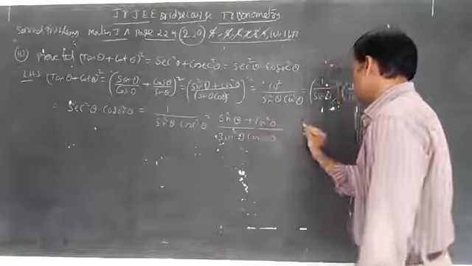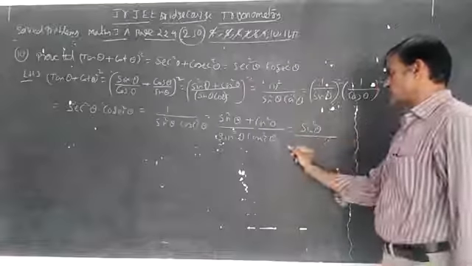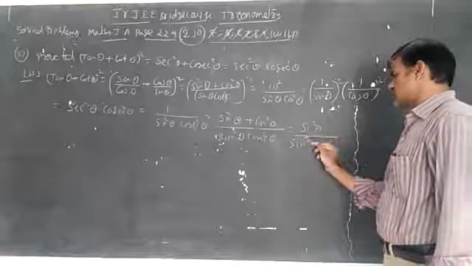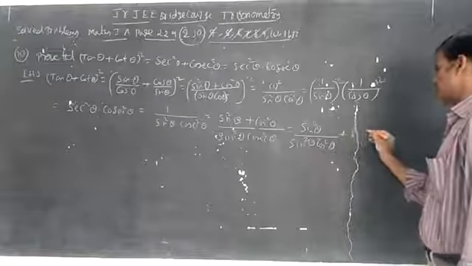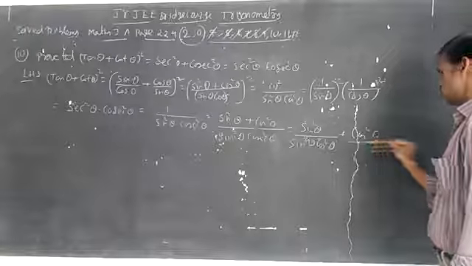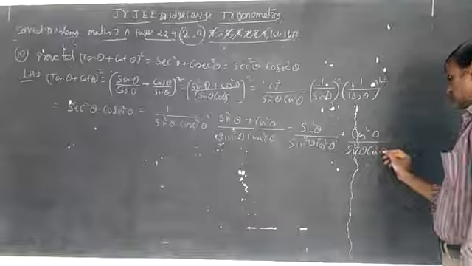Now write the fractions separately: sin square theta by sin square theta into cos square theta, plus cos square theta by sin square theta into cos square theta.